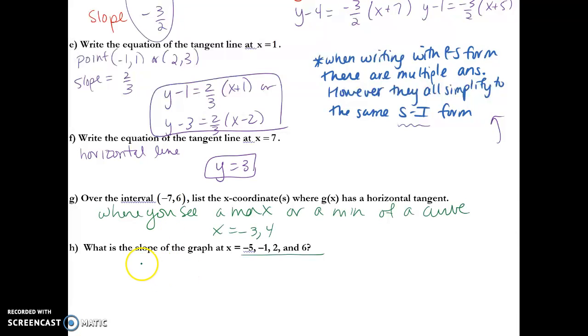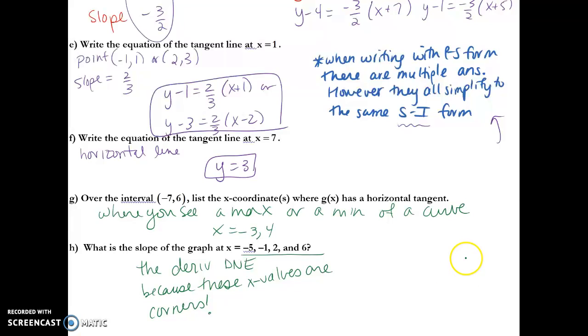So right here, the derivative does not exist because these x values are corners. So since the derivative doesn't exist, the slope doesn't exist.